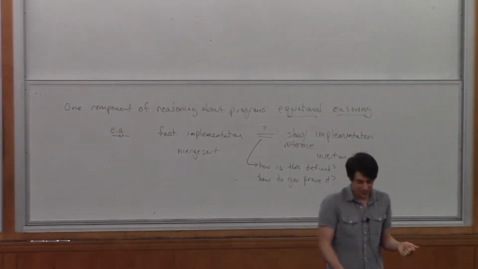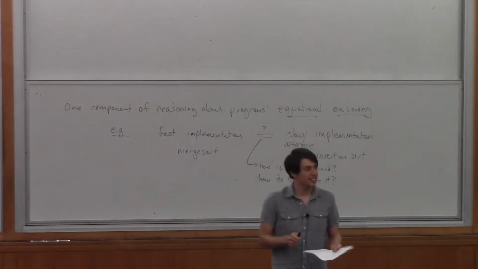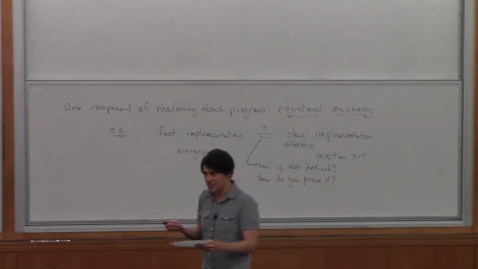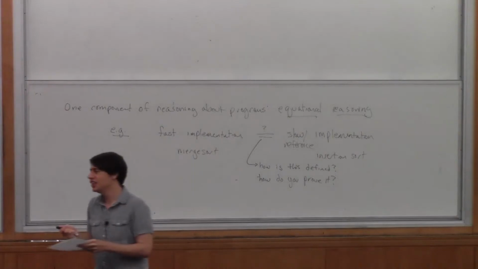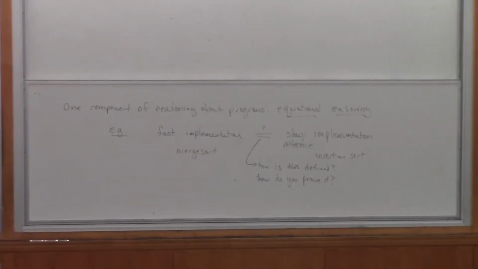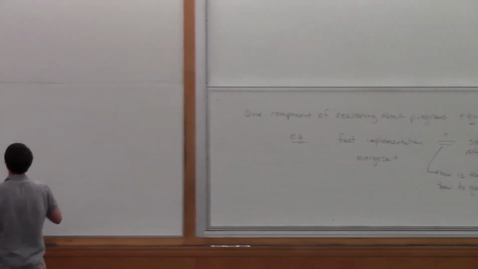It's kind of a funny question, because usually in math you take it as a given what equality means. But here it's pretty subtle to figure out what it means for two programs to be equal.